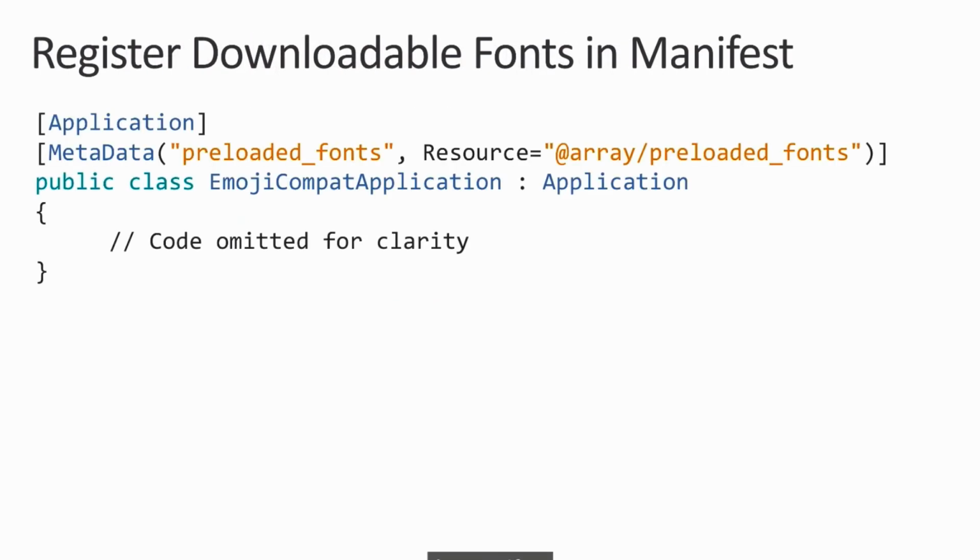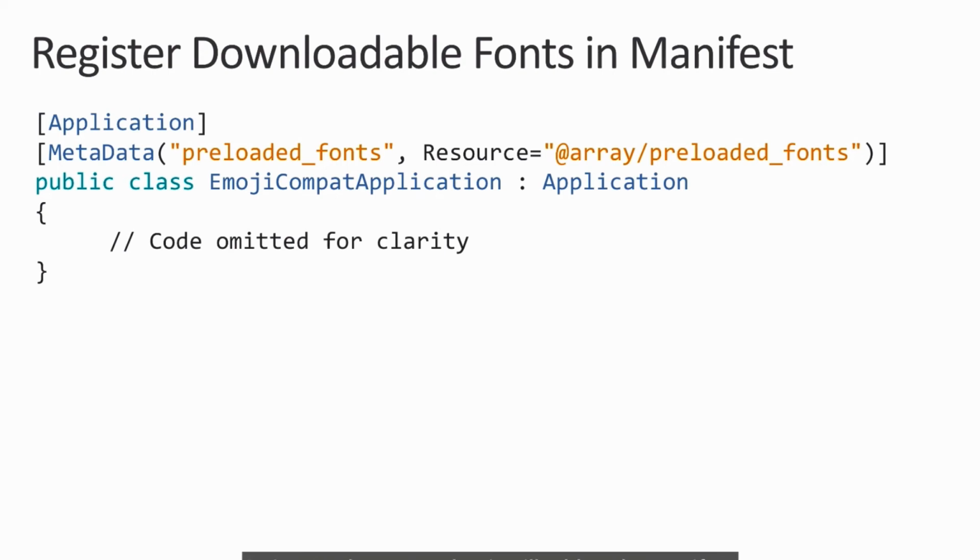Then you would register the downloadable fonts in the manifest. And the way we do that is we create an application subclass, and we add the metadata attribute with the preloaded fonts key, and we specify the resource file of fonts that we want to download.